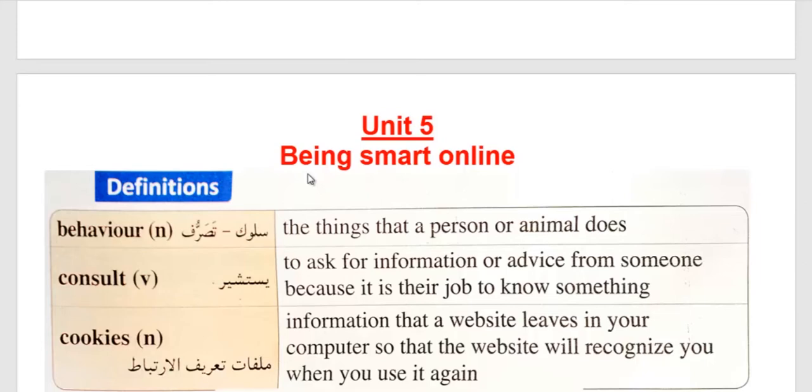The last one here: save the URL, uniform resource locator, of any useful page or images so you can find them easily. This is some sentences or an introduction about the text being smart online.